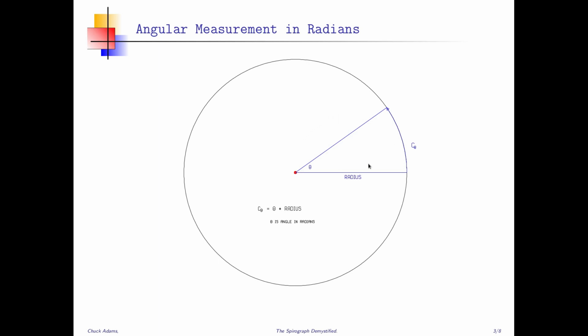But there's another unit of measurement called the radian. The radian is defined such that this angle measured in radians times the radius is equal to the distance from this point along the circle boundary to this point. So by definition, this angle in radians is the number times the radius that's equal to that distance.